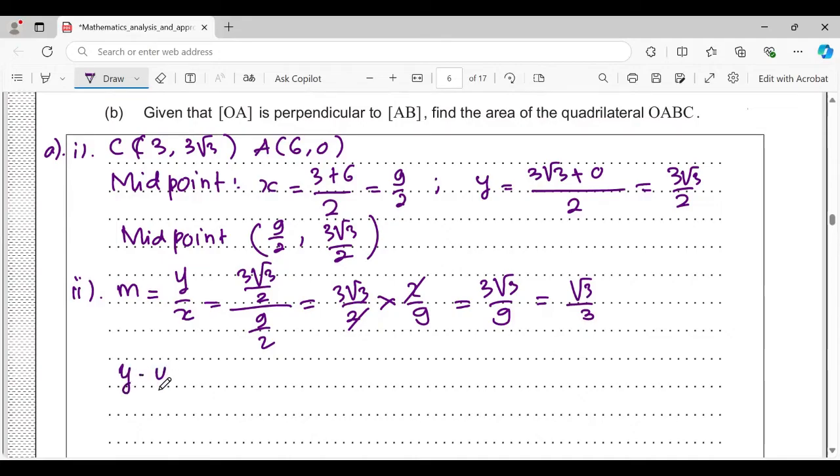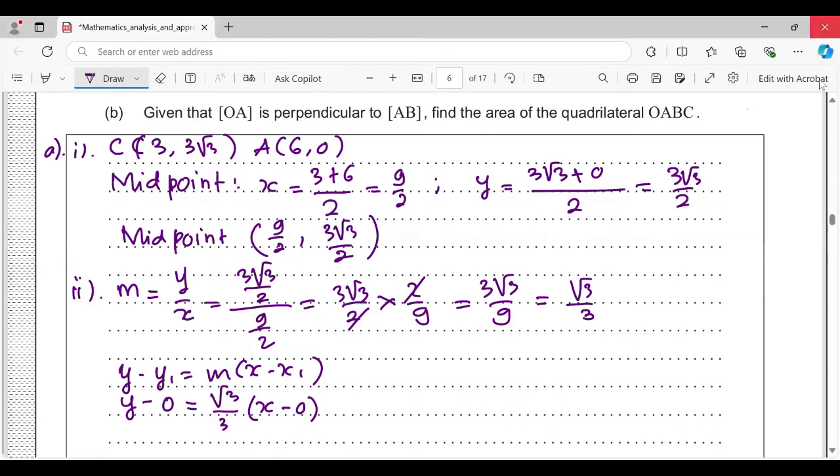And there's a straight line equation like this. y minus 0 equals the gradient times (x minus 0). Why is it 0 and 0?